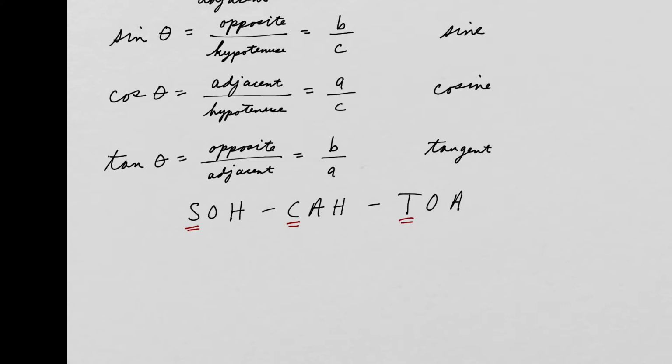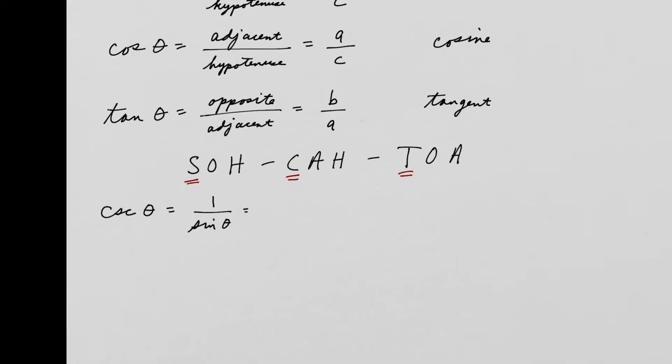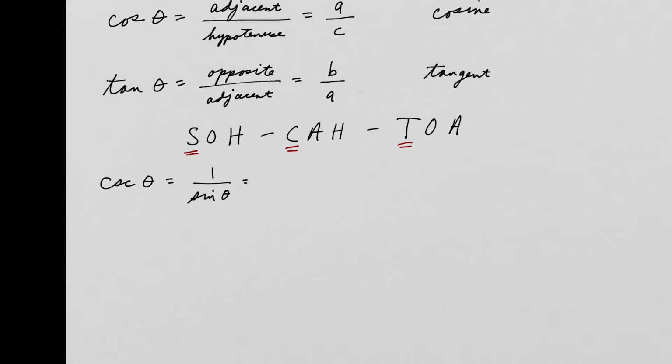And then we have what are called the reciprocal functions. There's three more. The cosecant of theta is simply 1 over sine of theta. So remember, if sine was B over C, then 1 over sine is going to be C over B, right? We flip it.